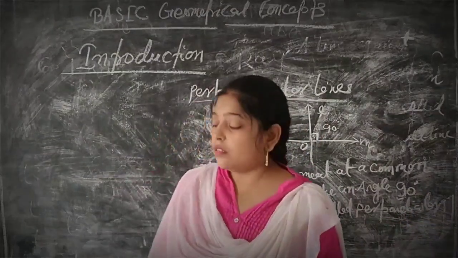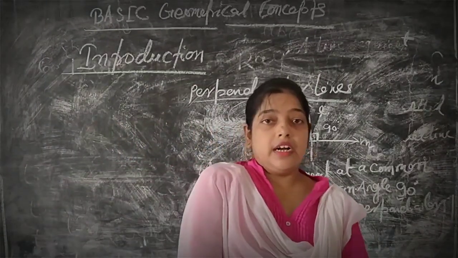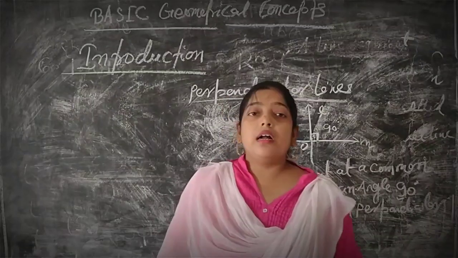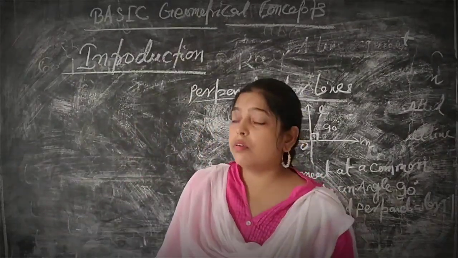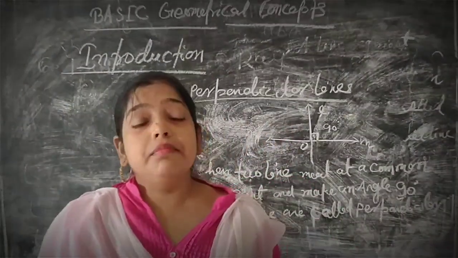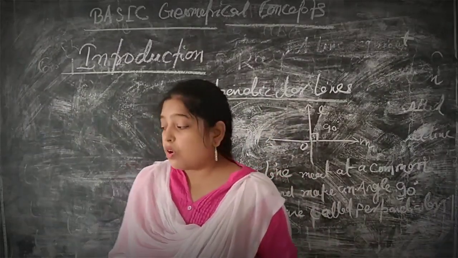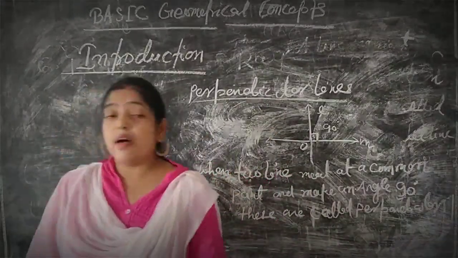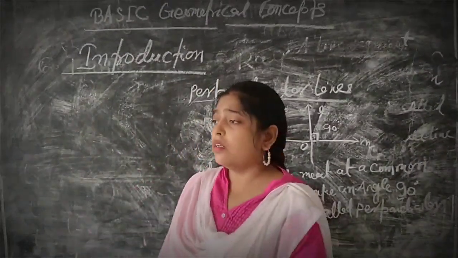Next thing is, in the basic geometry, we come to the polygons. What is a polygon? A polygon is made up of line segments.